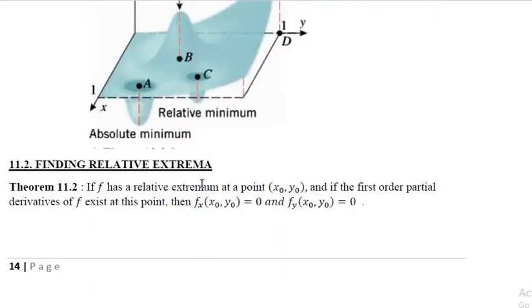For finding the relative extrema, what we have to do is, if the function has a relative extremum at a point x0, y0, and if the first order partial derivatives of the function exist at this point, then equate the first order partial derivatives to 0.